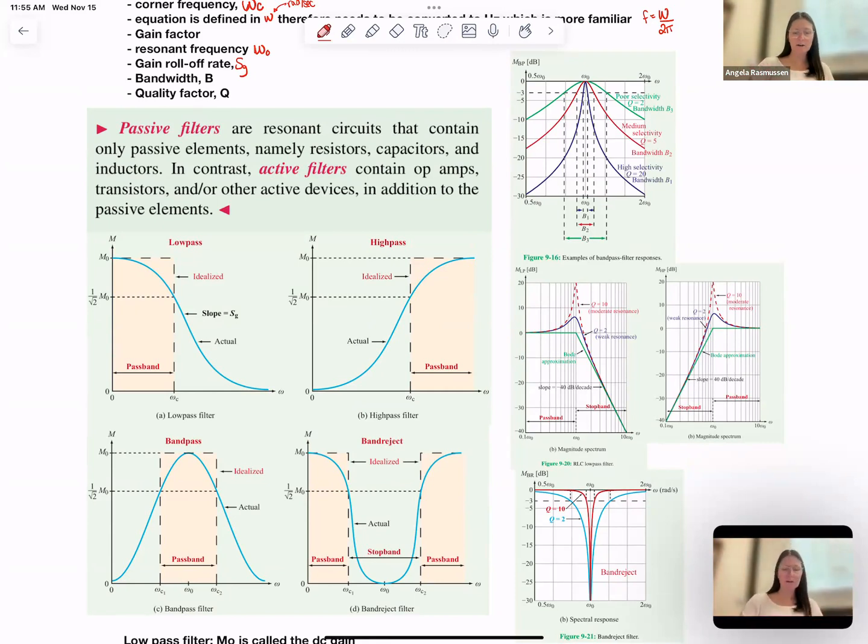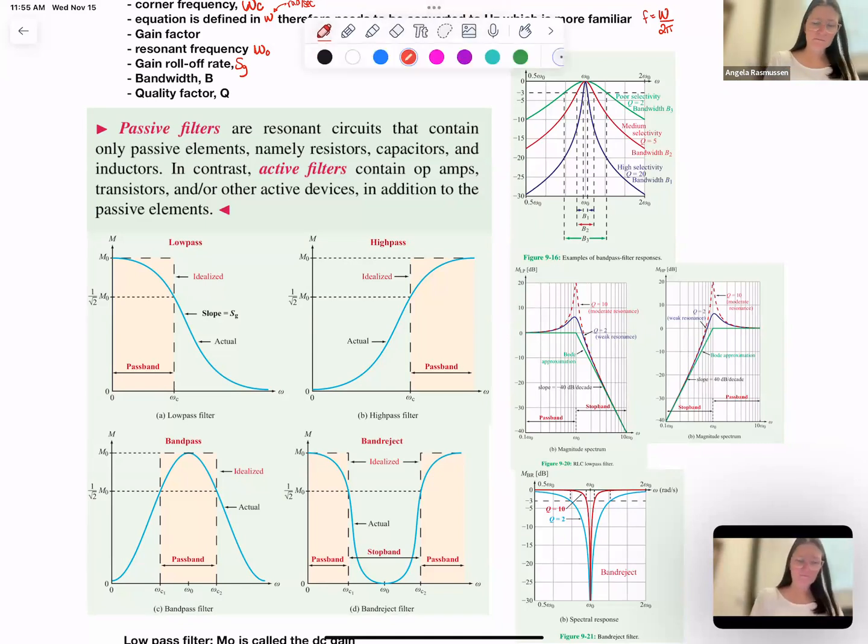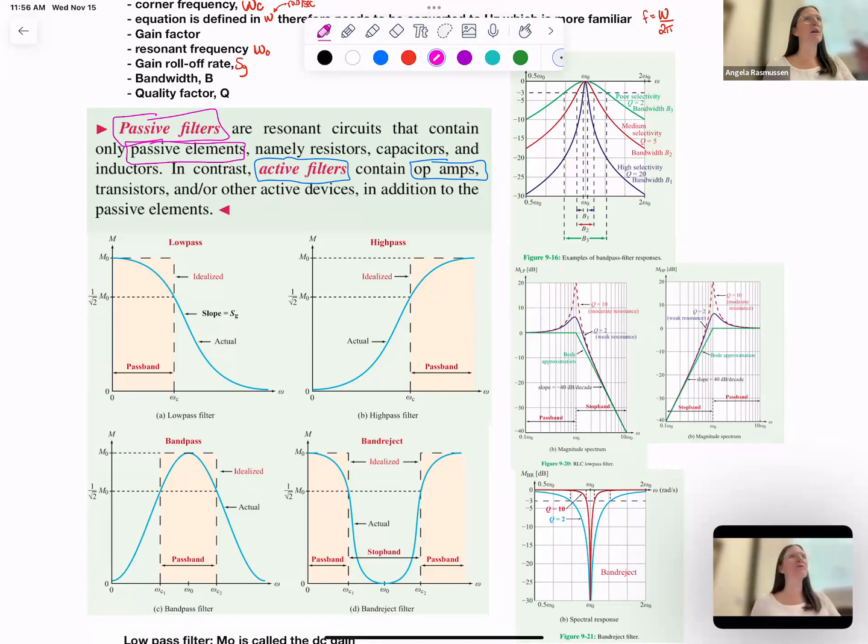That's the main concept there, the differences between those two. So this is something to memorize. Active filters are with op-amps. Passive filters are passive elements: resistors, capacitors, inductors.